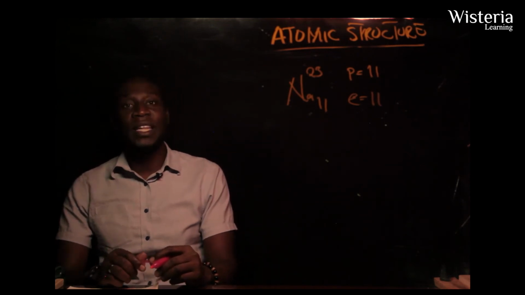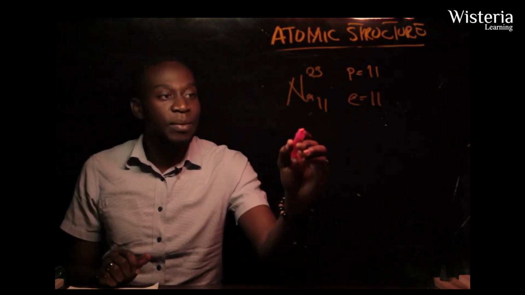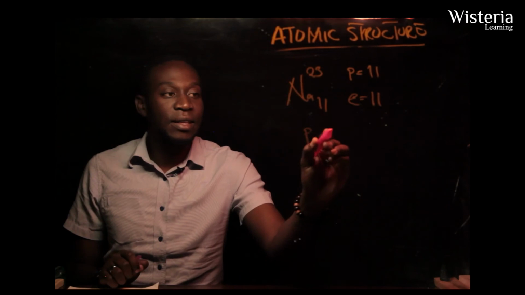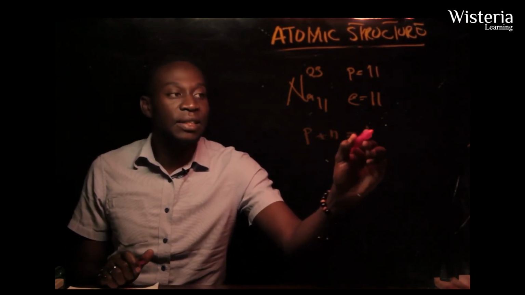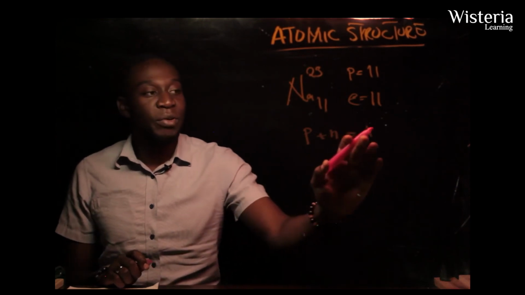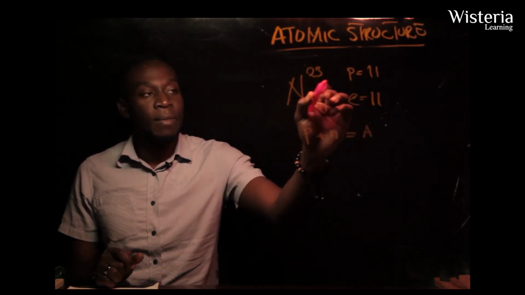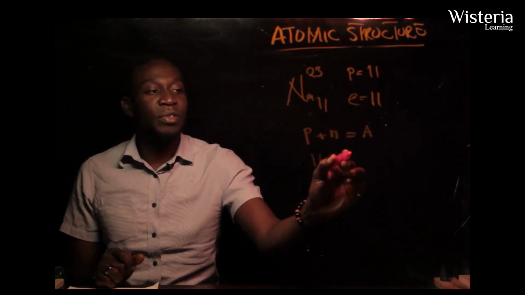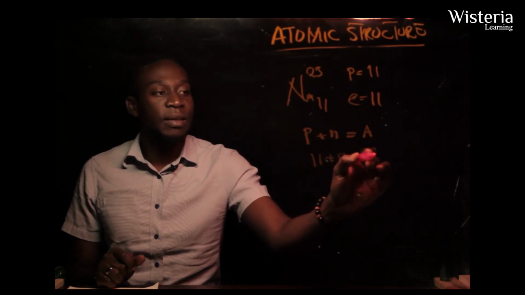Now how do we find the number of neutrons? When you add the protons, p, plus the neutrons, n, you get the mass number, A. The mass number we know, and the number of protons we know. So 11 protons plus n neutrons is equal to 23, the mass number.